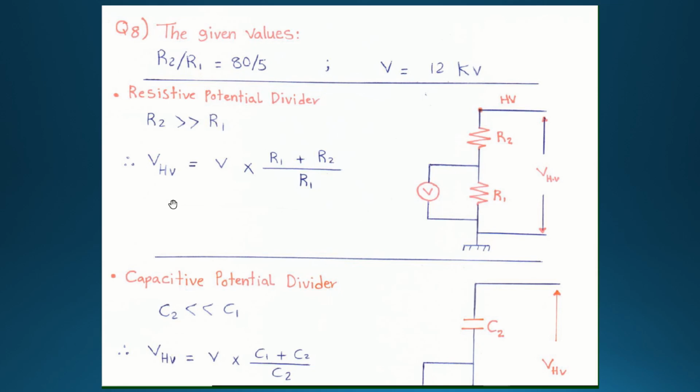So the formula for the resistive potential divider is V high voltage equals V into R1 plus R2 divided by R1. R2 is given as 80, R1 is given as 5, and the voltage is given as 12. So we can solve this question using this formula.